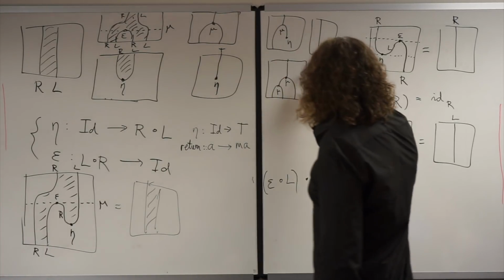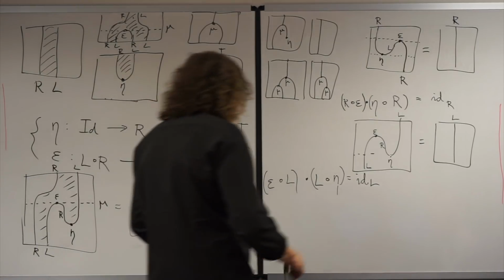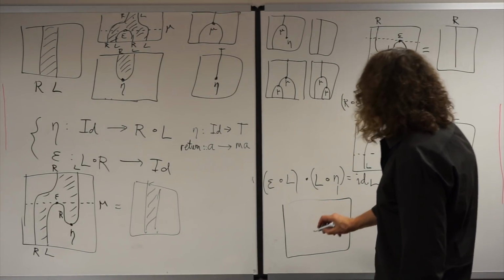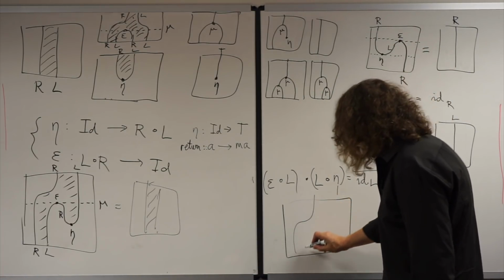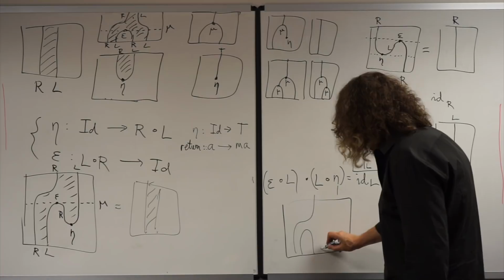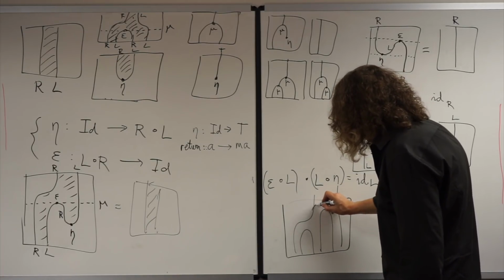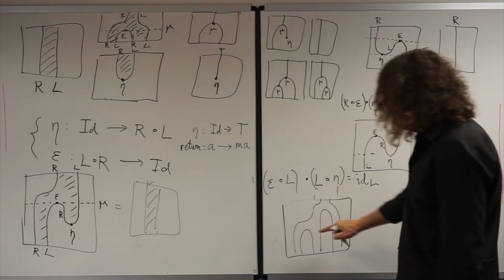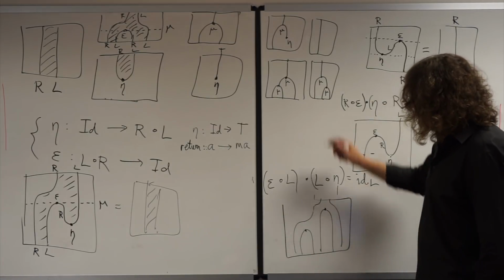What about this law? Well, this law actually follows, we have to draw all these double lines. So it will be this, and this, and this. So this is one mu here, and this is the second mu here.